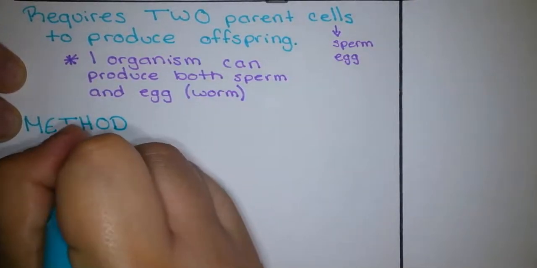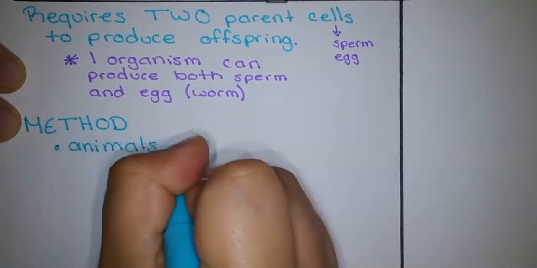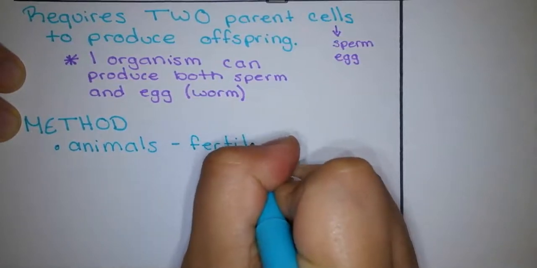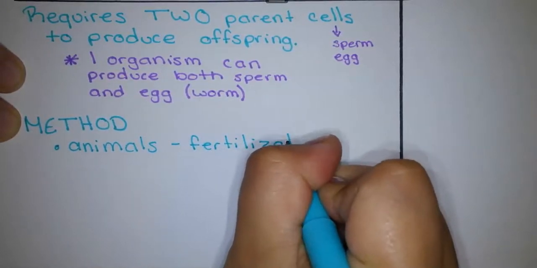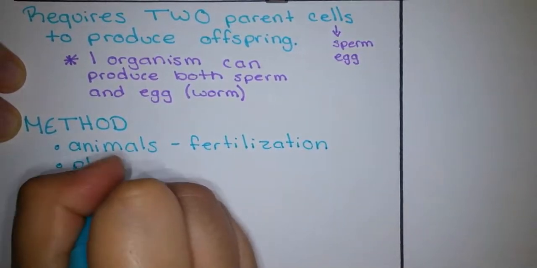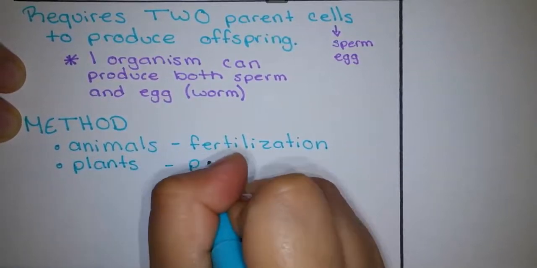So in animals, this is done through fertilization. And in plants, this is done through pollination.